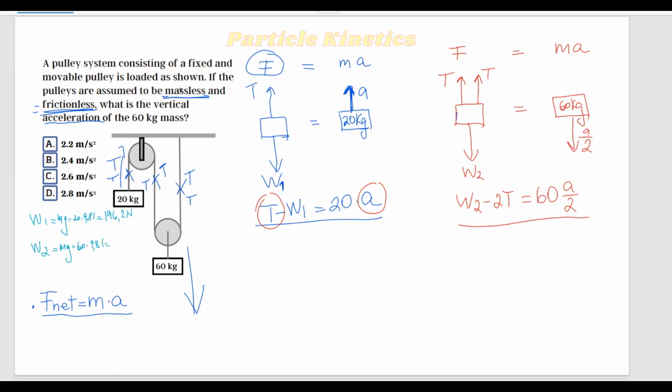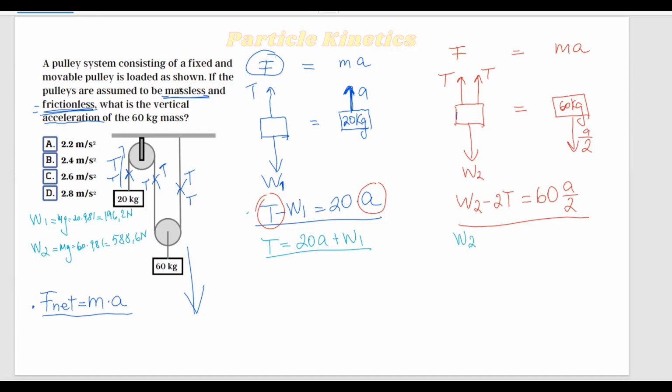And this is going to be equal to 588.6 newtons. Great. We have W1, W2. We can come here and calculate T from one equation and then substitute it in the next equation. Let's do that. T from this equation is going to be equal to 20A plus W1.